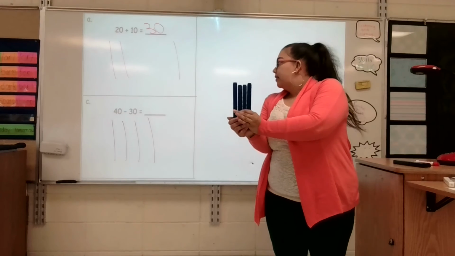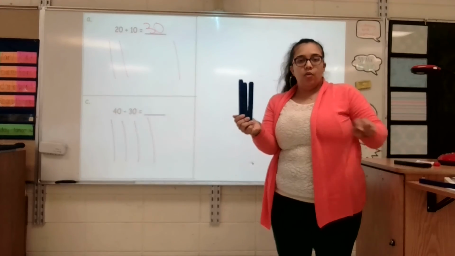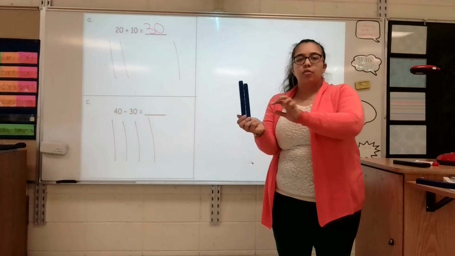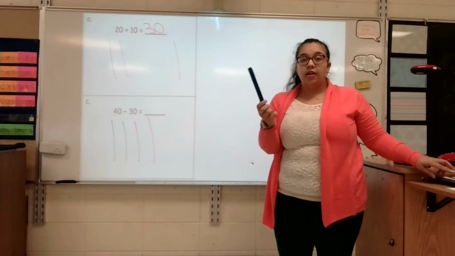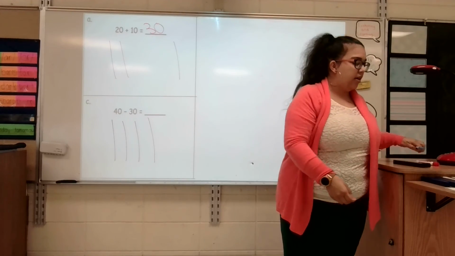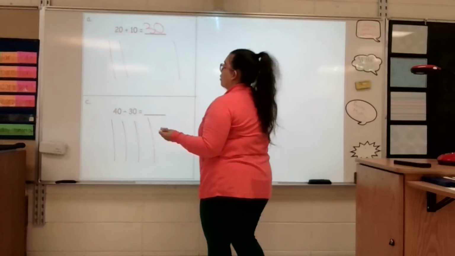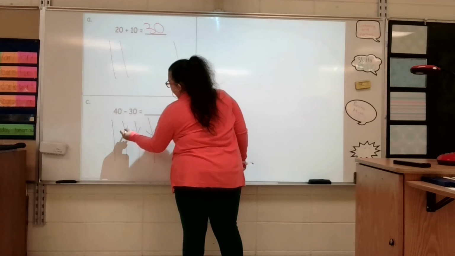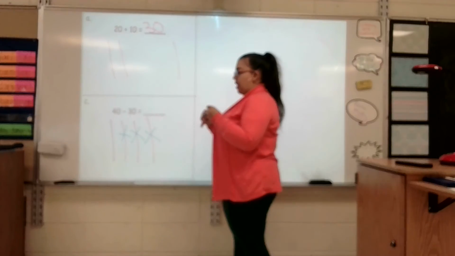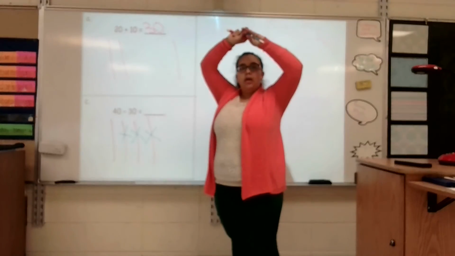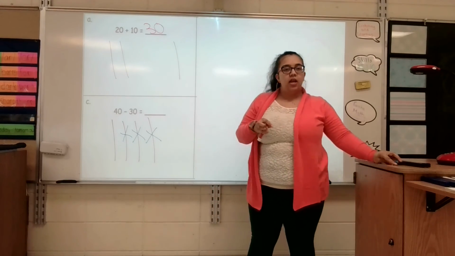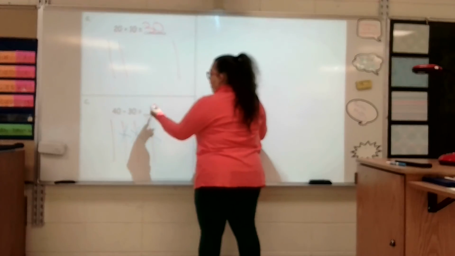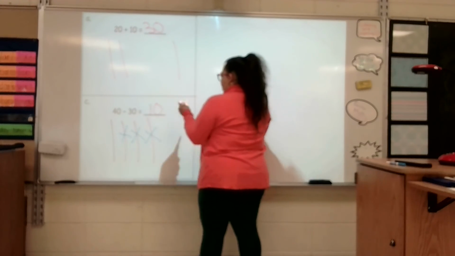Here's our whole. Take away 1 ten, 20, 30. 3 groups of 10. Take away 30. So our strategy on what our instructions say is we're supposed to cross it out. So that shows the whole and the subtraction. And it leaves us with the result that 40 minus 30 is equal to 10.